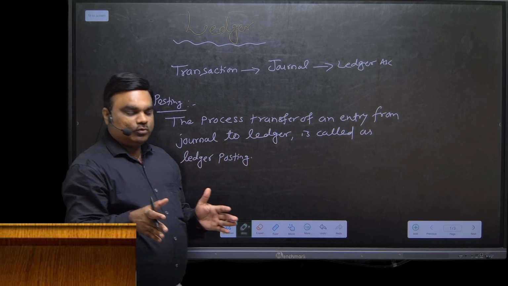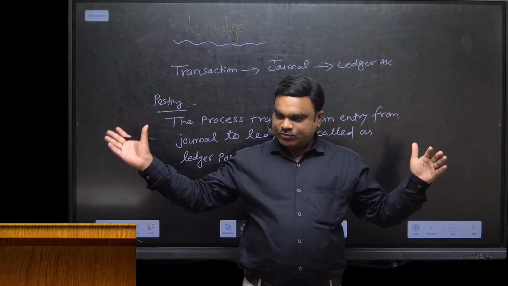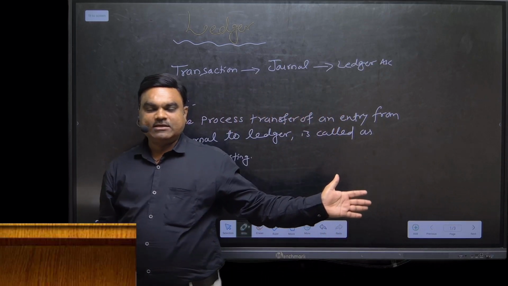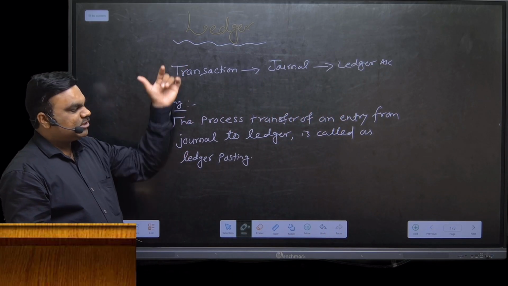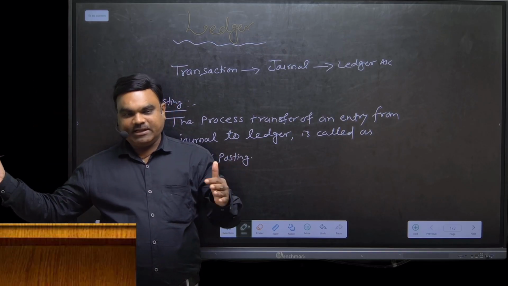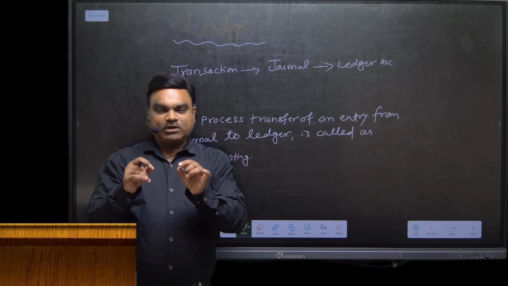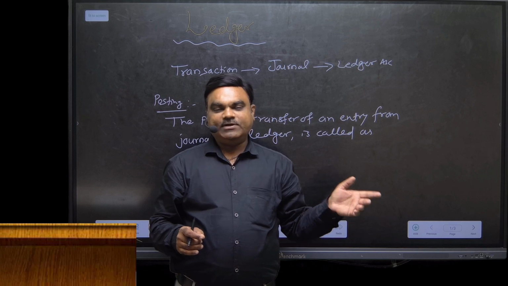As you all know that account is divided into two sides. Left hand side is called as debit side and right hand side is called as credit side. Similarly, students, in case of ledger account, we are having two sides, left hand side and the right hand side. On left hand side we are having total 4 columns, and on the right hand side again we are having 4 columns.